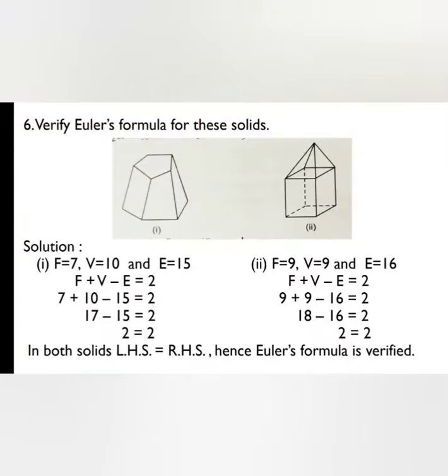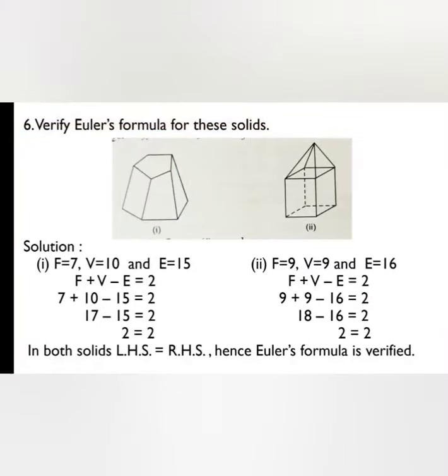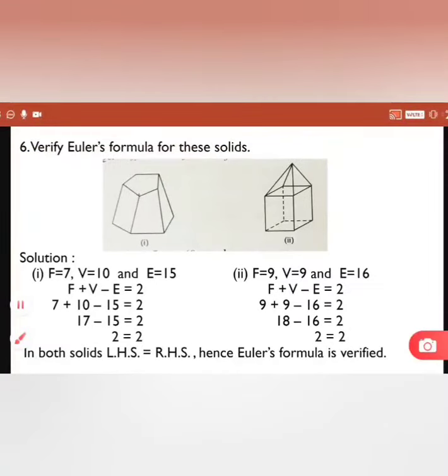Now vertices. You can see here 5 vertices; let me draw it clearly. This point, this point, this point, this point, these are 5 vertices on the top part, and similarly 5 vertices on the bottom part. So the total number of vertices is 10.